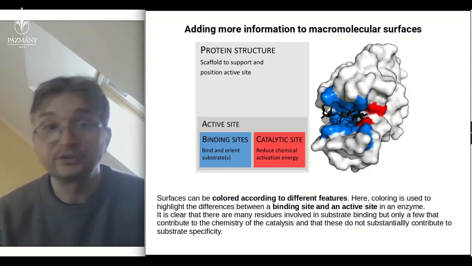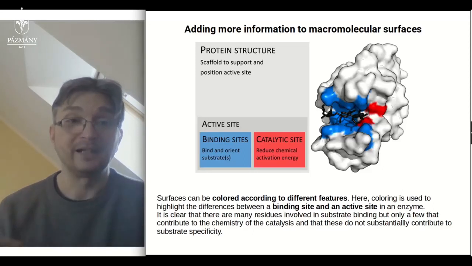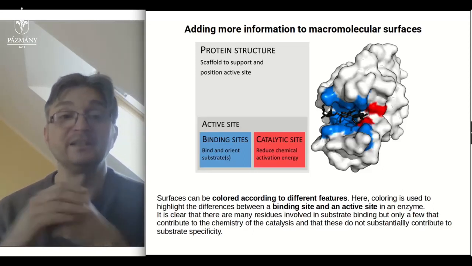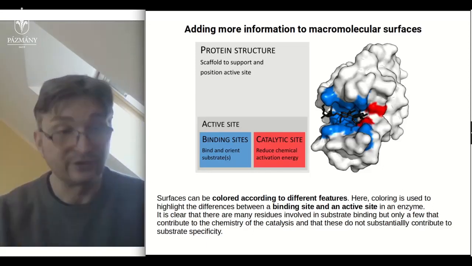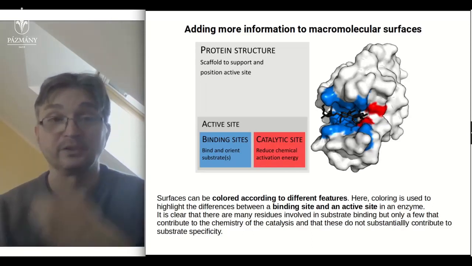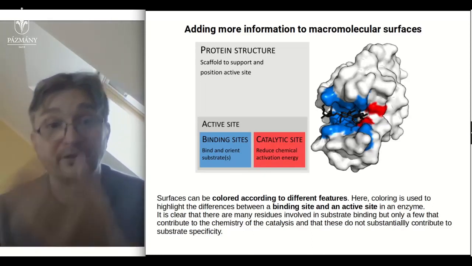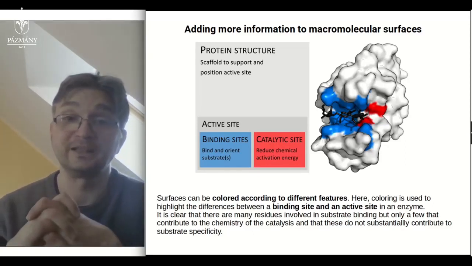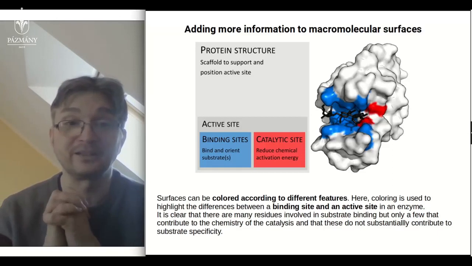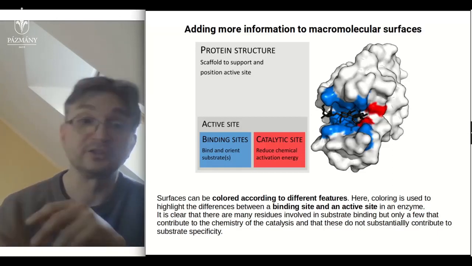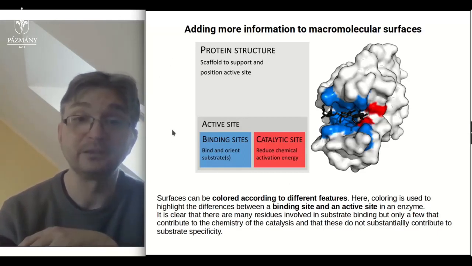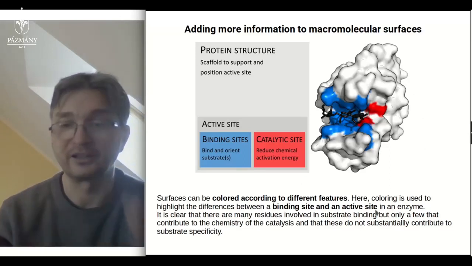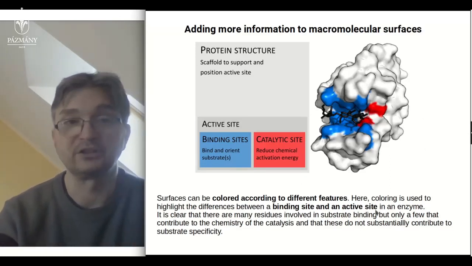So it helps you understand why substrate specificity is determined by different residues than those that determine the chemical specificity, what kind of reaction will be performed by the enzyme. So this is, I think, a very nice depiction, both in a schematic way and in an actual three-dimensional representation.